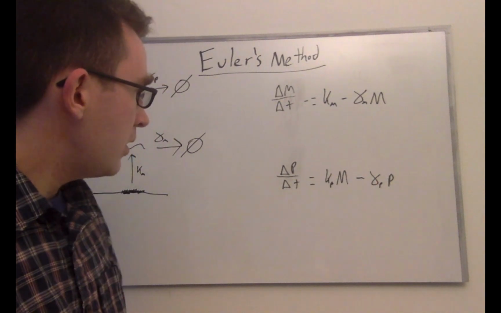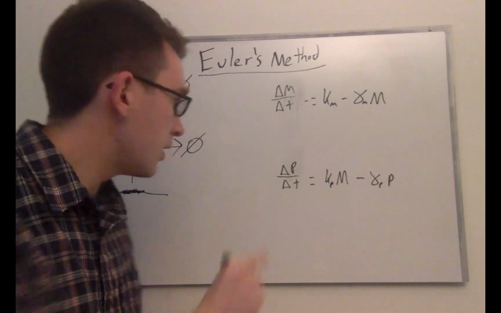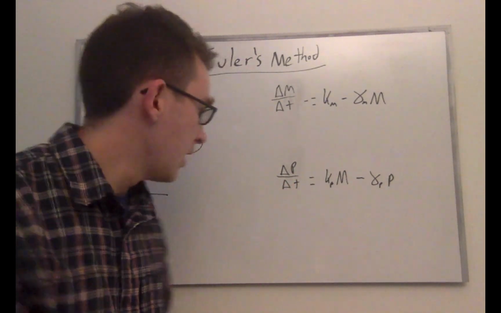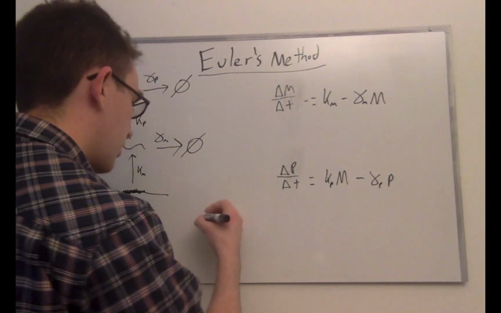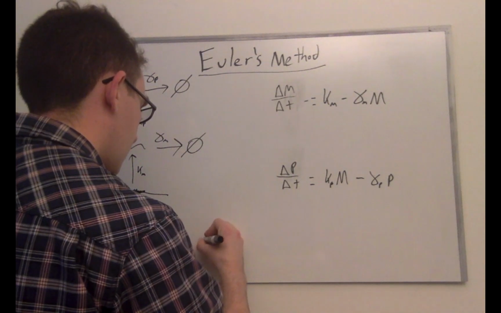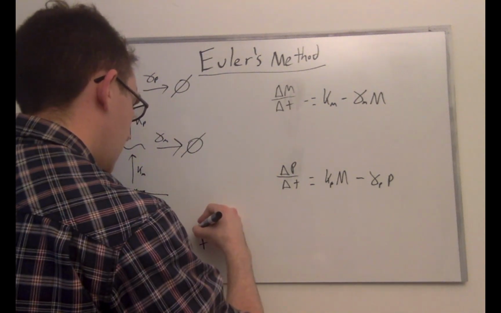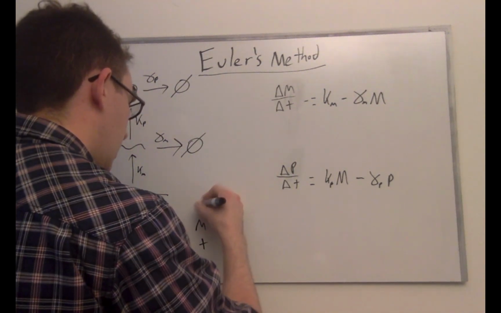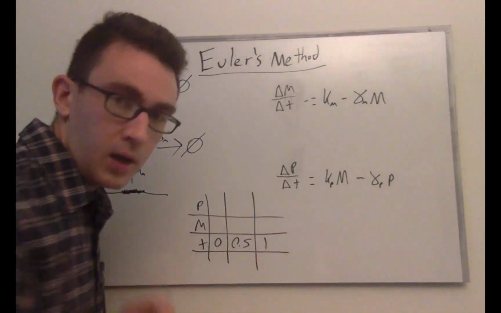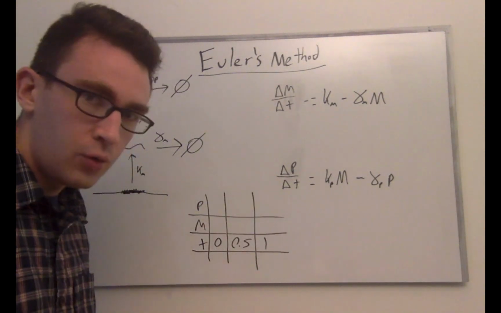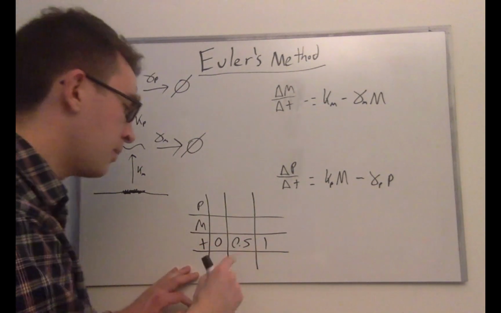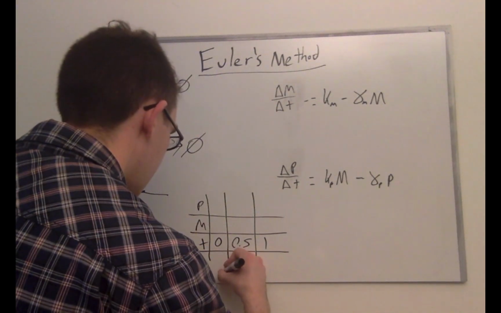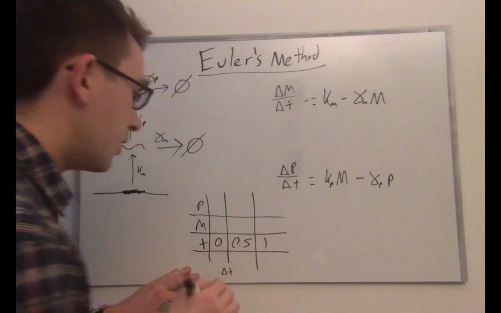So we're going to be updating the model in delta t sized increments. The eventual solution is going to look like this. It's going to be keeping track of t, m, and p, and we're going to incrementally go through the simulation in delta t sized jumps. Here I made delta t to be 0.5.